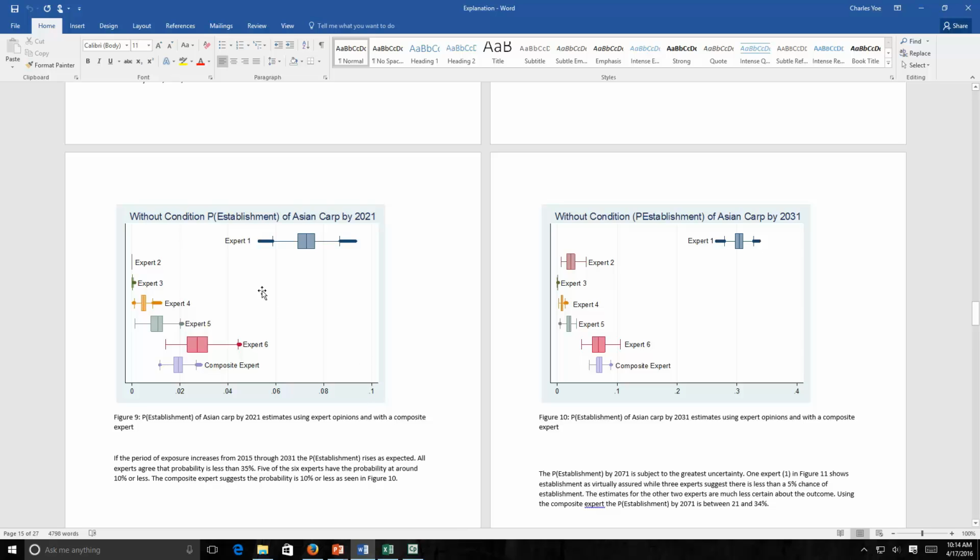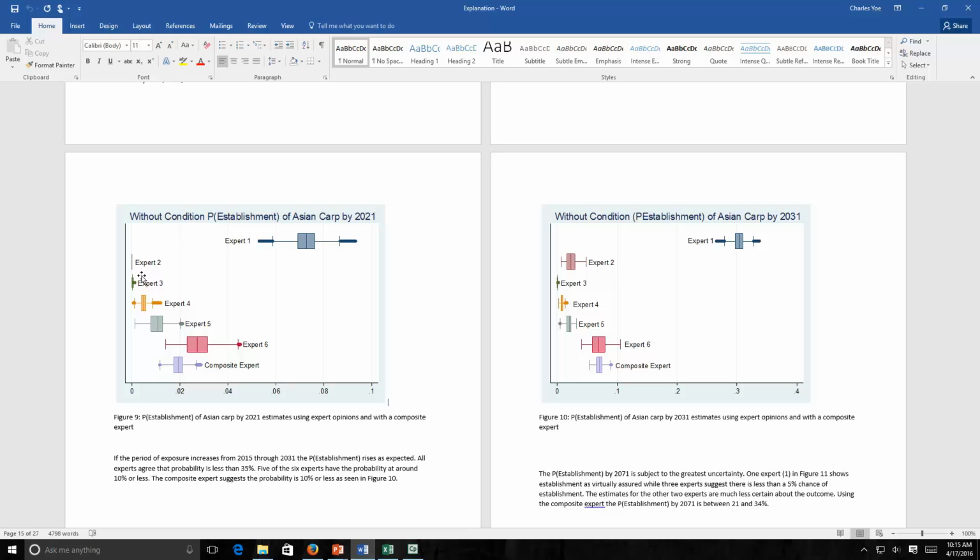This expert is basically saying there's about a 50% to a 90%, 95% chance that Asian carp will become established by 2021. Contrast that with expert 2. This expert's uncertainty is so small that the entire box appears as a vertical line, as a zero actually, because this value was a zero.